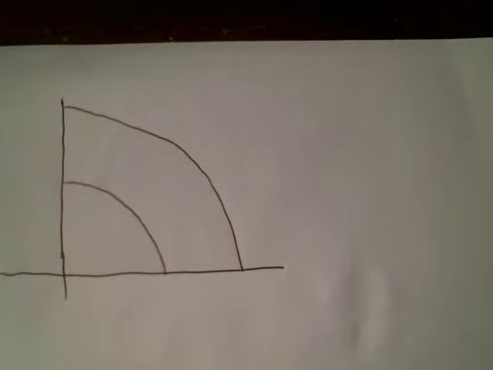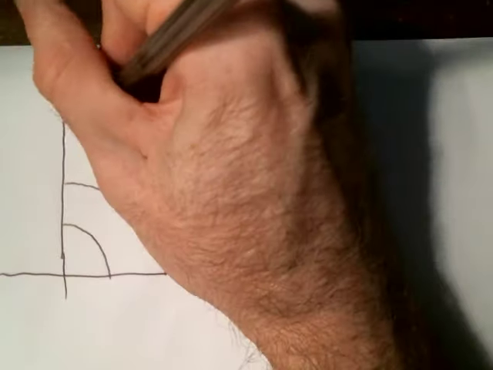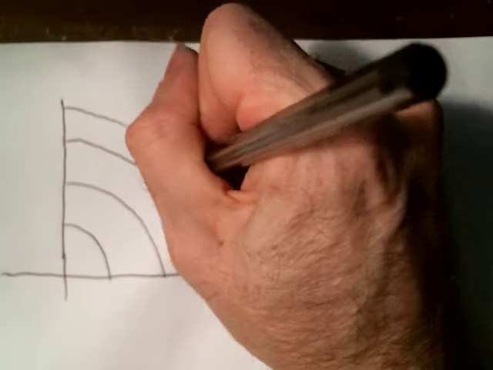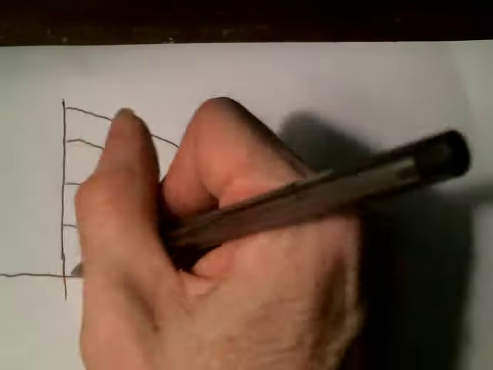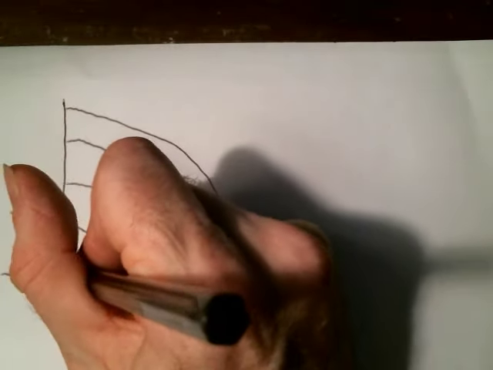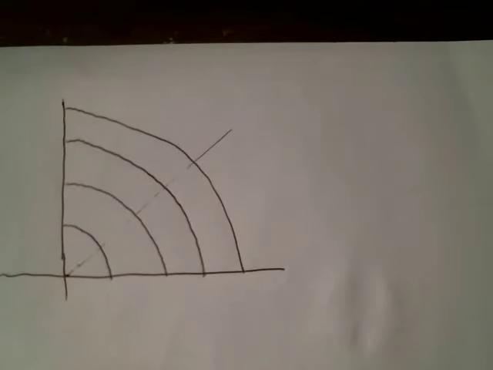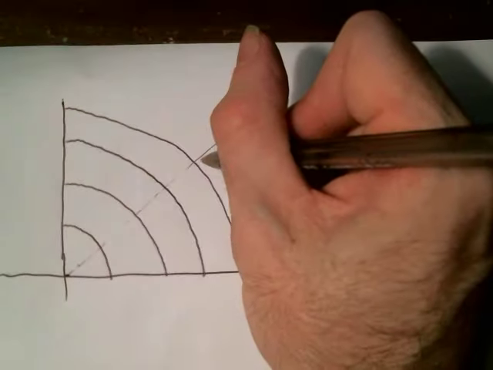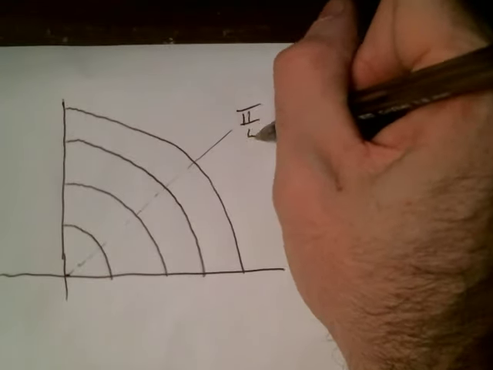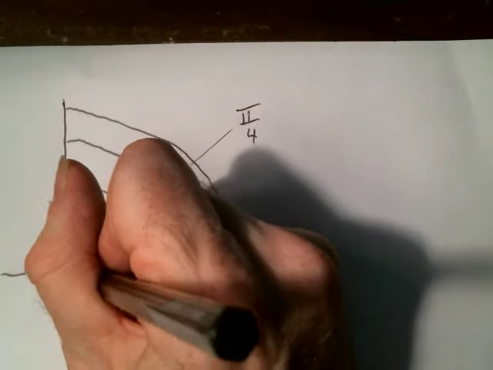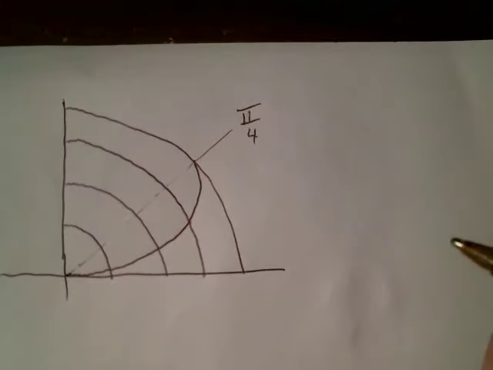I'm going to run out of room. So here's one, two, and then three, and then four, right? So the rose petal curve is hitting its maximum in this quadrant when we're at pi over 4. So it's going like this, and then curving into that.